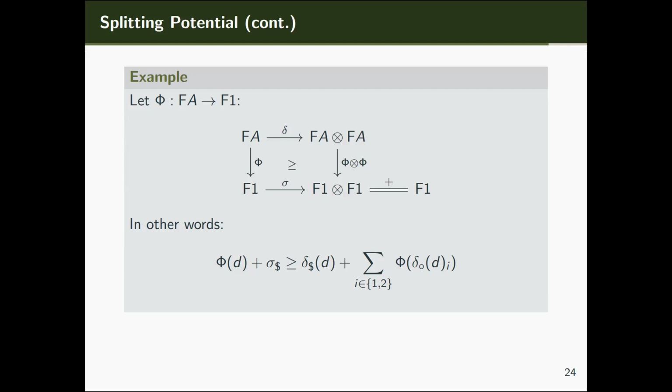So if you chase down the bottom, down and then the right direction, that's the left side of the inequality. If you look at the right side, you first compute the cost from delta, and then you compute phi on both components that delta gives you back, and you add them because F of 1 tensor F of 1 is isomorphic to F of 1 by adding. Yeah, you need commutativity on the monoid for sure. Yeah, in order to have tensors, you want commutativity of the monoid.